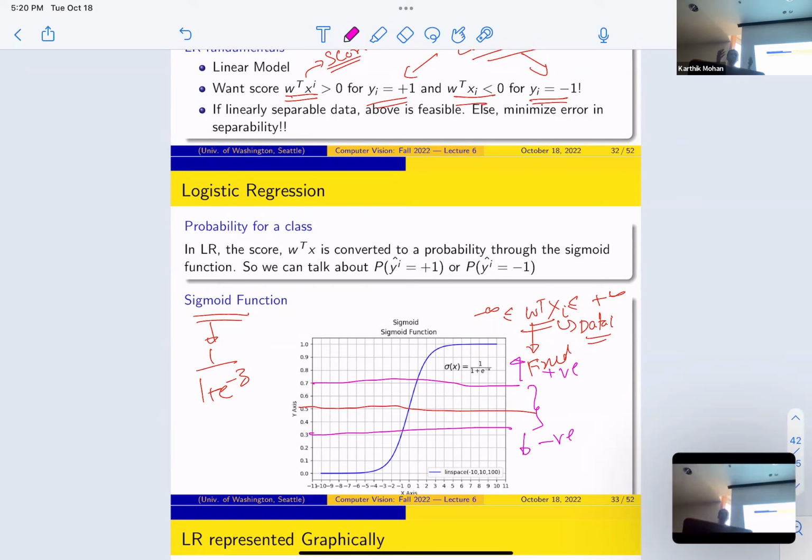If you say something is 0.5 probability that it belongs to this class, it's also 0.5 probability that it belongs to that class. So then you're not sure. You're 100% uncertain about the class, right? So that's not helpful. So usually you set a threshold and use it to look at your probability and say, does it belong to the positive class or the negative class?